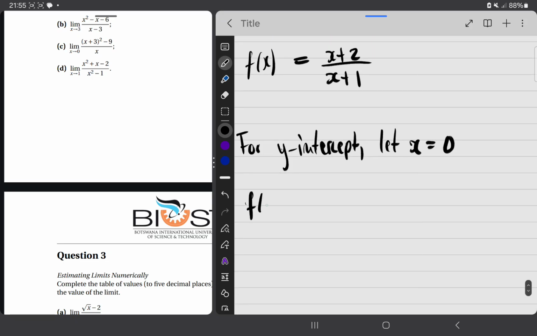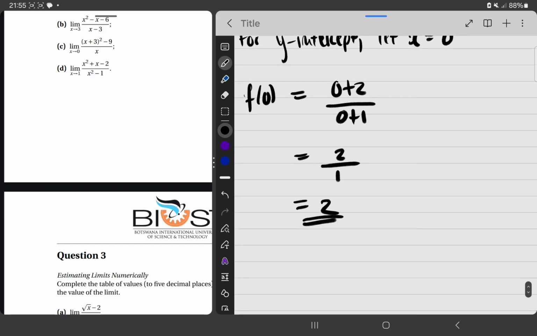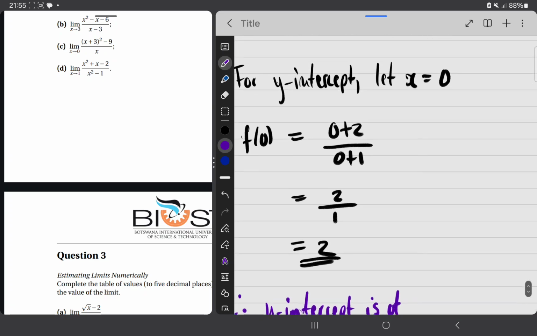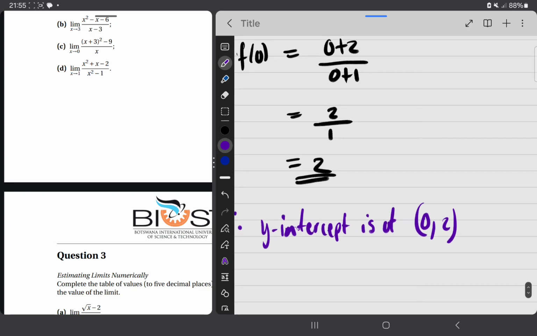So f of 0 is equal to 0 plus 2 over 0 plus 1, which is 2 over 1, just 2. So you can say, therefore, the y-intercept is at 0 on the x, and 2 on the y, so at (0, 2).